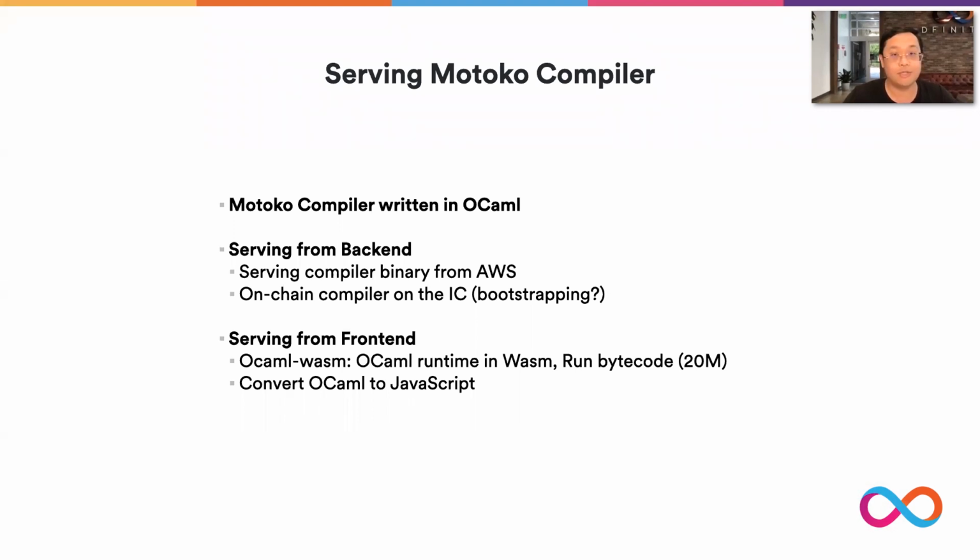And in order to serve this compiler, the most usual way to do it is to get this compiler binary and serve it in a cloud provider like AWS. And then you have this backend, and you can write your front end to feed the code into the backend to compile and then to install.